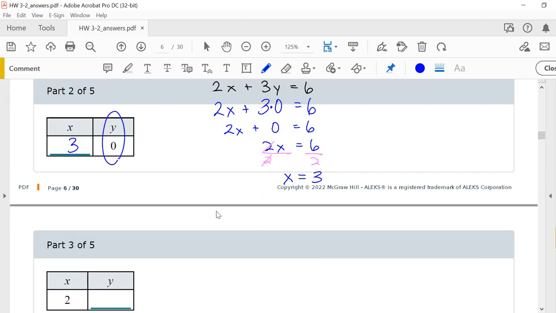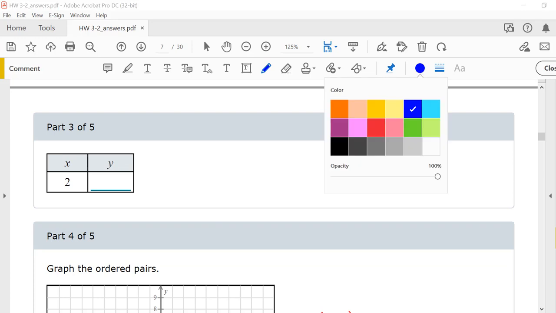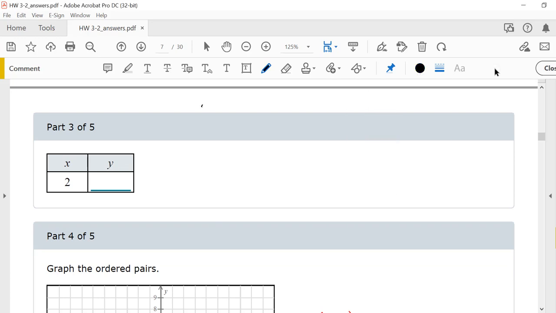One more time, I'm going to write down 2x plus 3y equals 6 because that's my equation. This time I have that x equals 2. So 2 times 2 plus 3y equals 6. 4 plus 3y equals 6.